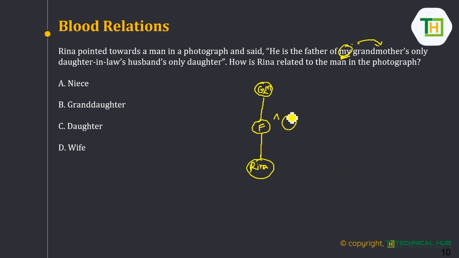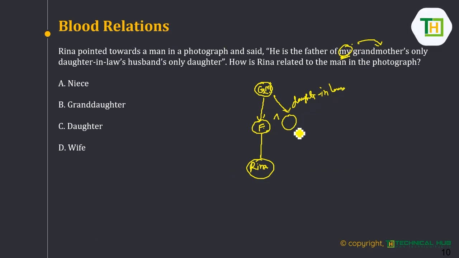So this is the only daughter-in-law of this grandmother. So Reena's father's mother is taken as Reena's grandmother. Only daughter-in-law means the grandmother's son, in this case the father. Father means Reena's father, and father's wife means daughter-in-law.